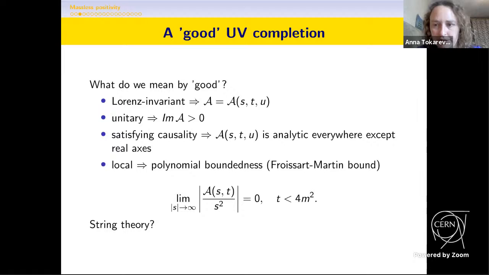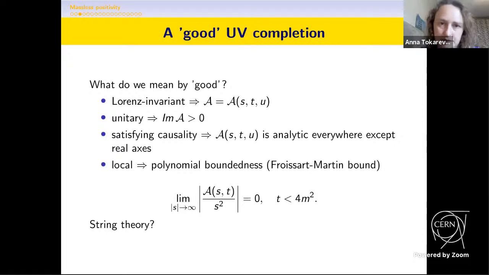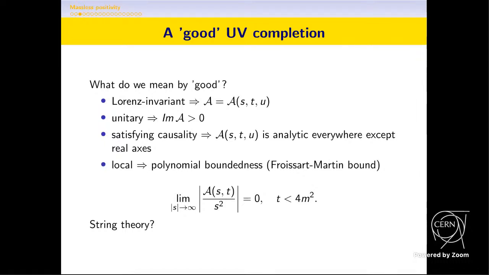But except the real axis, the amplitude has to be a regular analytic function. Then we assume that the UV completion has to be local. And from this condition, it follows, it's connected to polynomial boundedness of the amplitudes at large momenta.